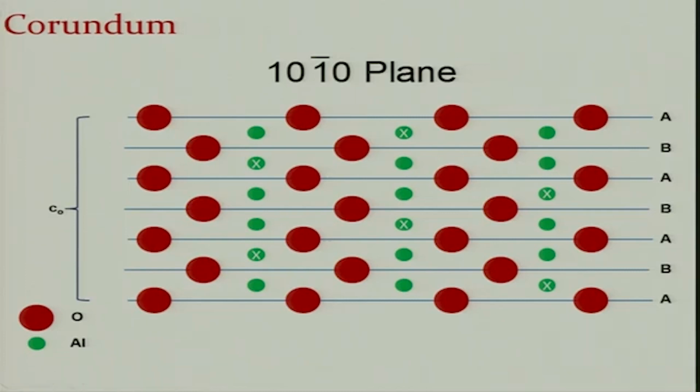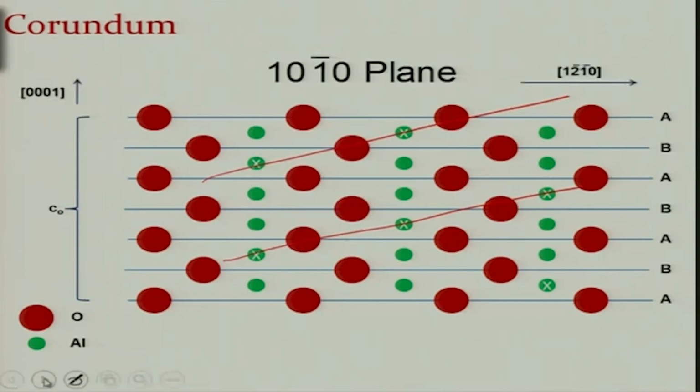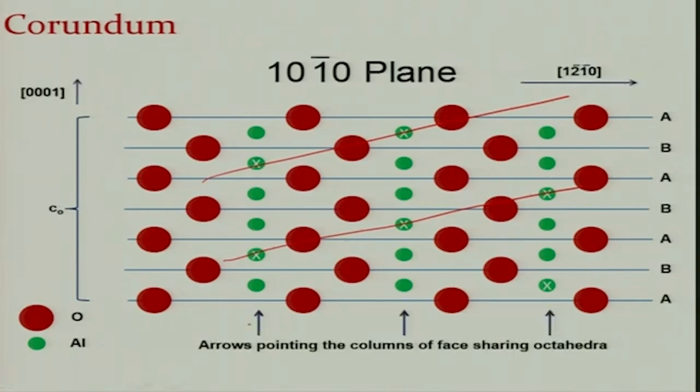You can see that of every 3 sites, the third is empty, and it has to go in such a fashion that it follows a pattern like this. These arrows are pointing to columns of face-sharing octahedra, which are the octahedral positions.